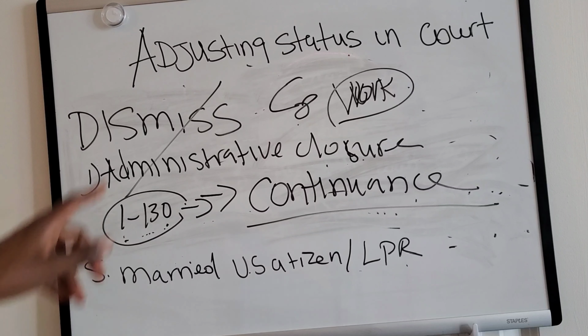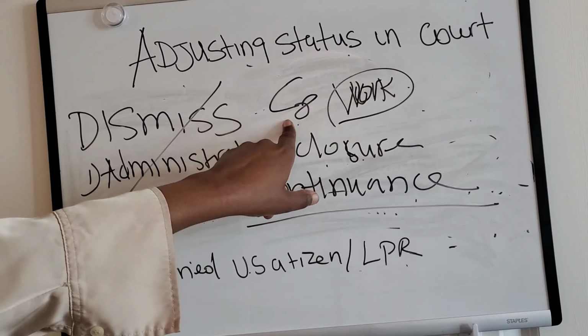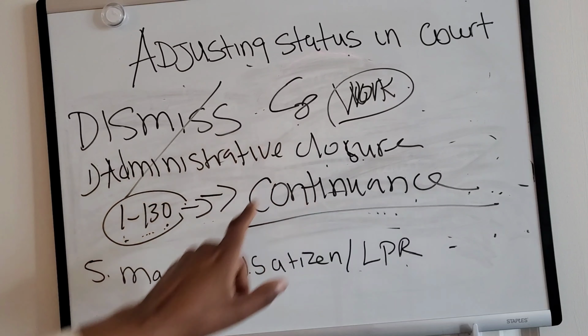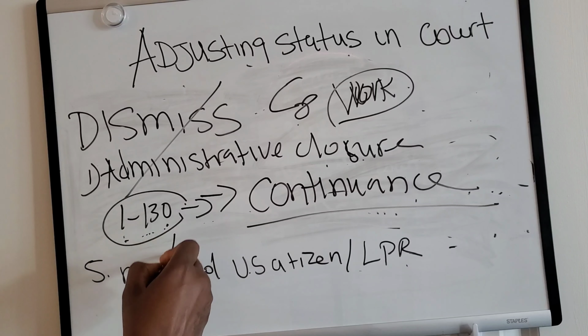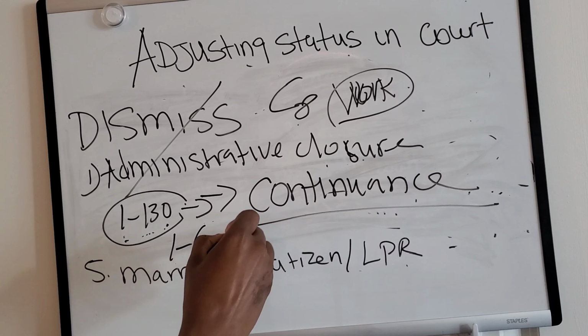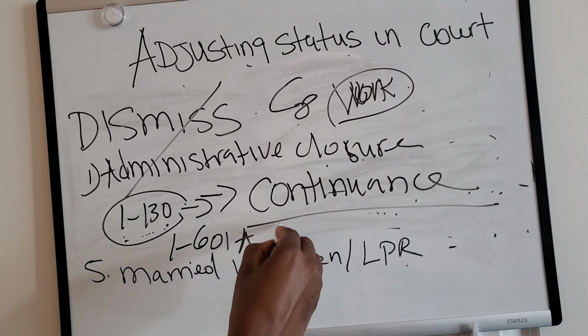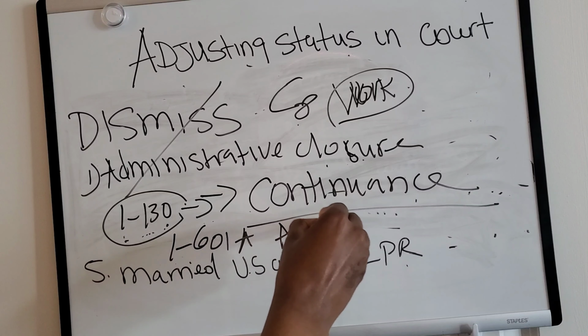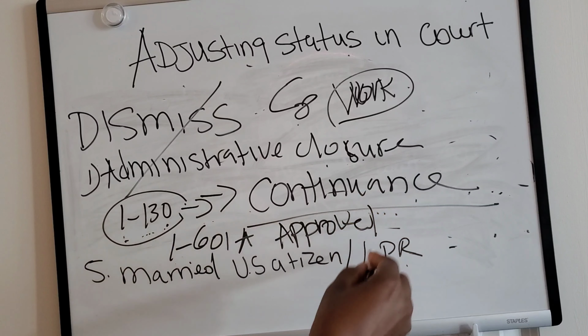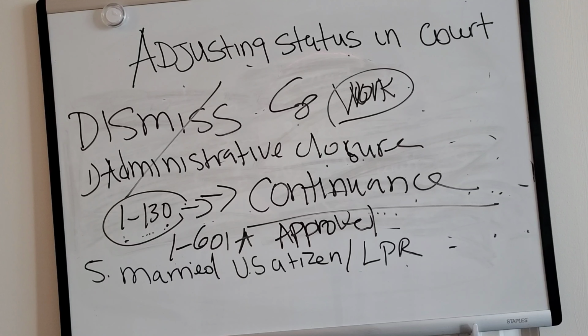Because if you dismiss the case, you lose the C8 work permit, you cannot work, and then you have to wait for the I-601A to be approved, okay? To be approved so you can leave the country and do consular processing.